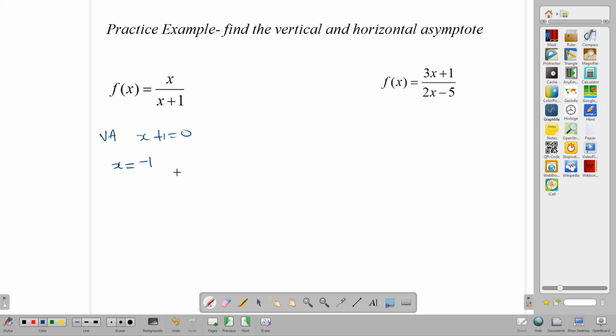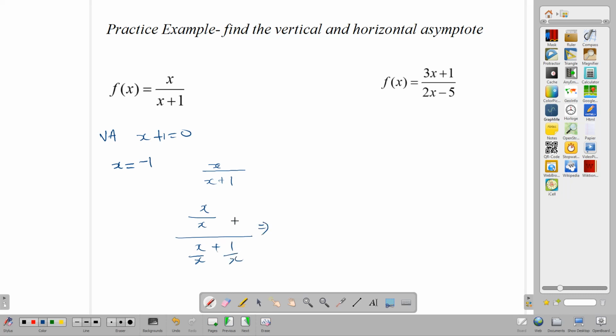Now the horizontal asymptote, to find that, what we do is that we look at the function and we divide both our numerator and our denominator by the highest power that we have. So we have x divided by x plus 1, and we divide both the numerator and denominator by x. So x over x, all of that over x plus 1 over x.